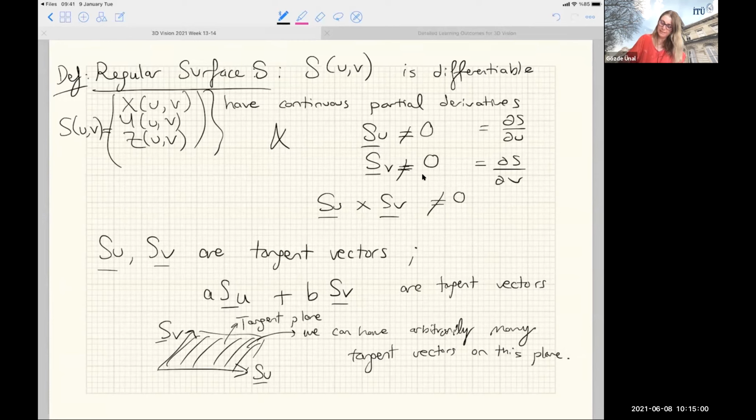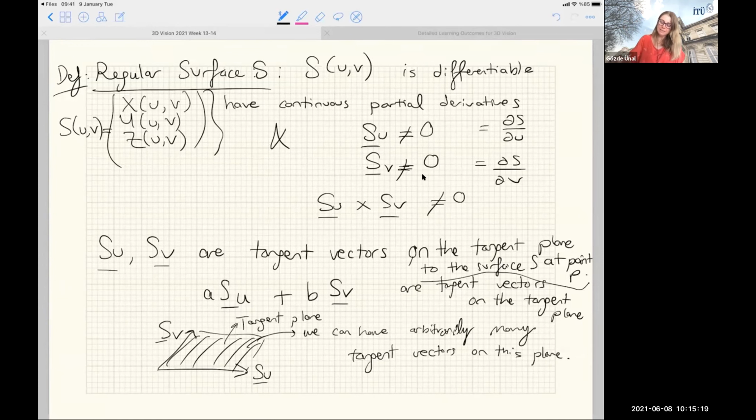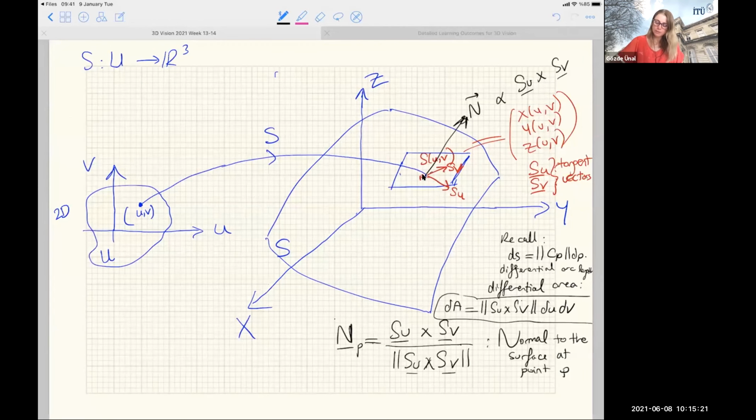Tangent vectors on the tangent plane, let's say. This is important. So our tangent vectors on the tangent plane to the surface S and at point P. At point P, this is important, that will change, right? As I move on this surface, for instance, I come here, another point Q, now my tangent vector will, of course, be changing. It's a curved surface, of course.